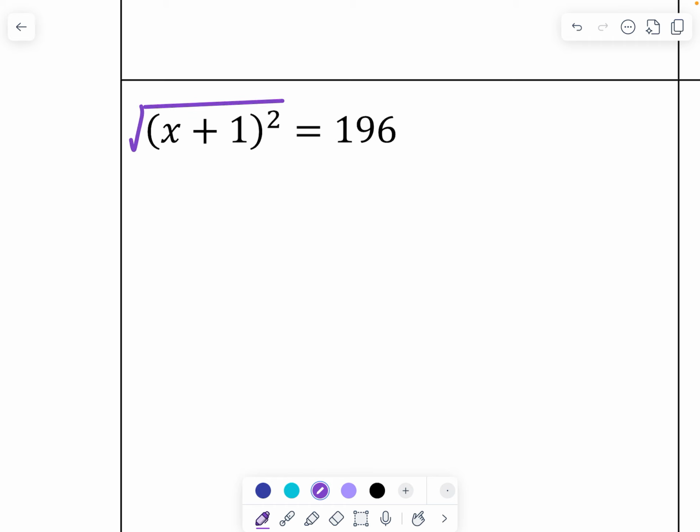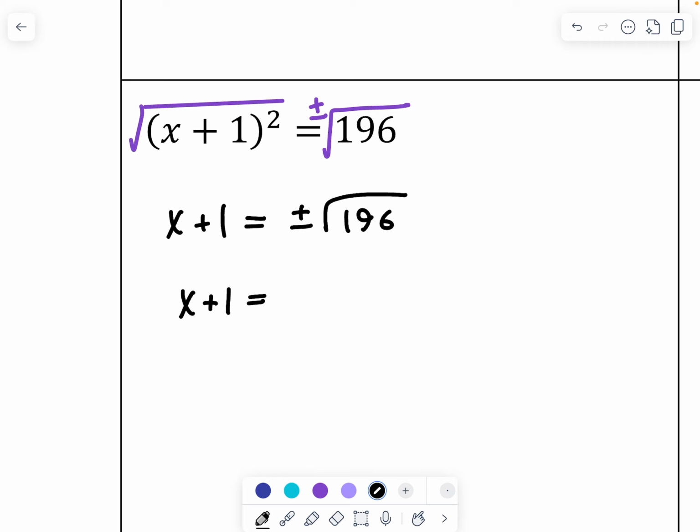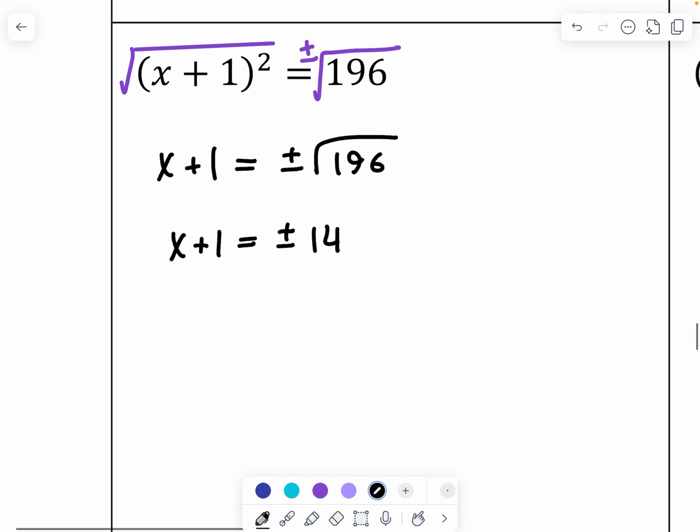We want to square root both sides, plus or minus. So this gives us x plus 1, because the square and the square root cancel out, equals plus or minus the square root of 196. 196, that is a perfect square number. Square root of 196 is 14, so plus or minus 14. Good. Now we're really going to start to feel that this has 2 solutions.